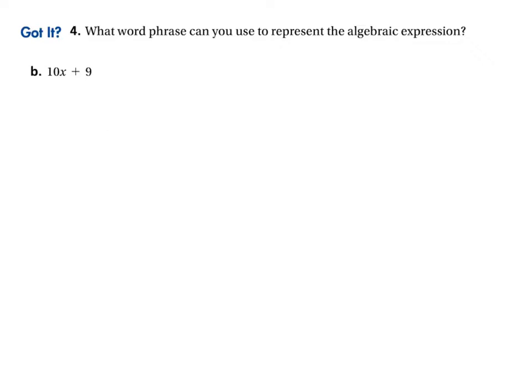Let's try another. What word phrase can you use to represent the algebraic expression 10x plus 9? The word phrase for plus can be sum.